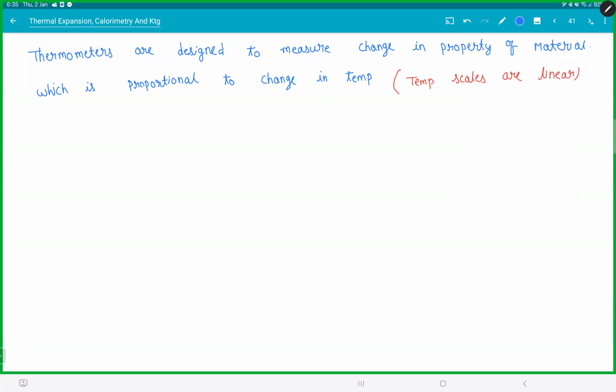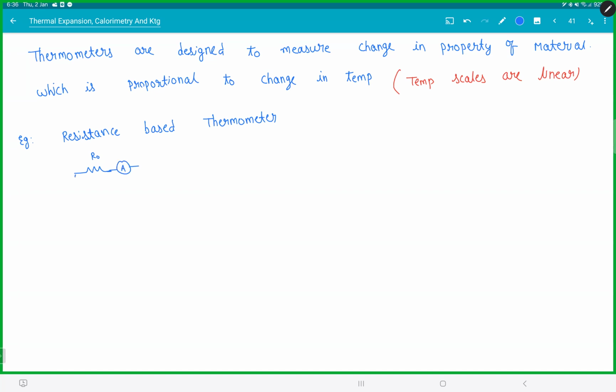First example, this is what we generally use most of the time now, the resistance-based thermometers. When you get a fever and you put a thermometer in the mouth, these things work based on resistance. The idea is this: inside you have a circuit which has a resistance, let's call it R naught.